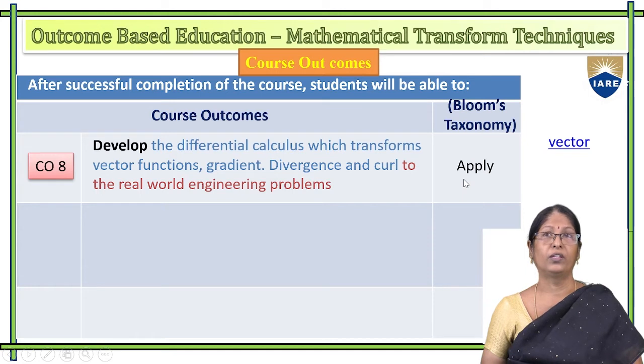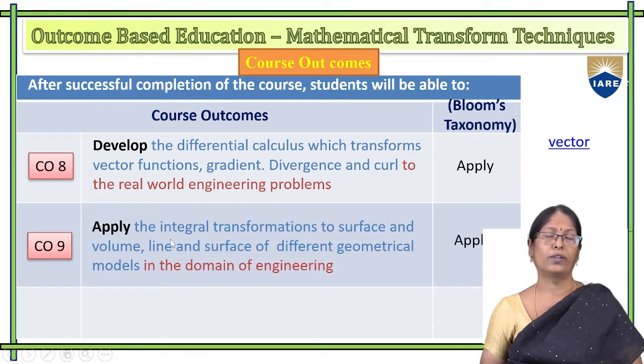Apply level questions will be framed. All this framing of questions is under the tutorial question bank system, which is available on our college website. Regarding the question bank, separate videos have already been made and released on the YouTube channel.